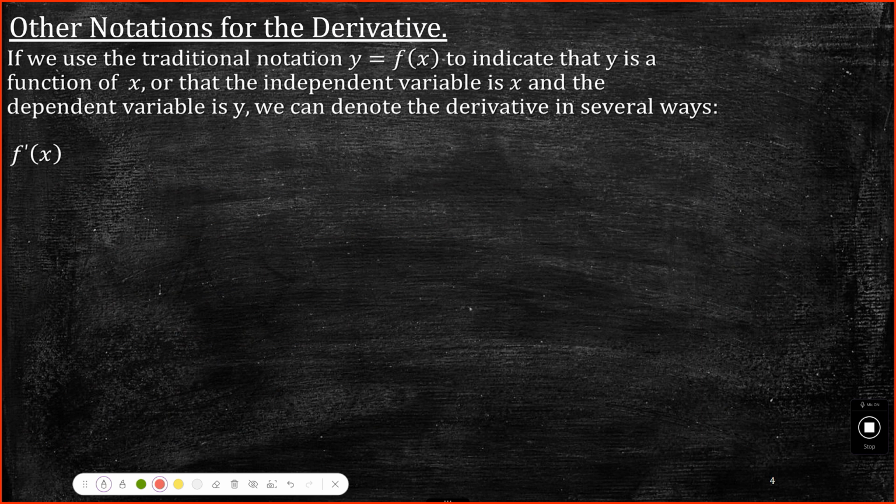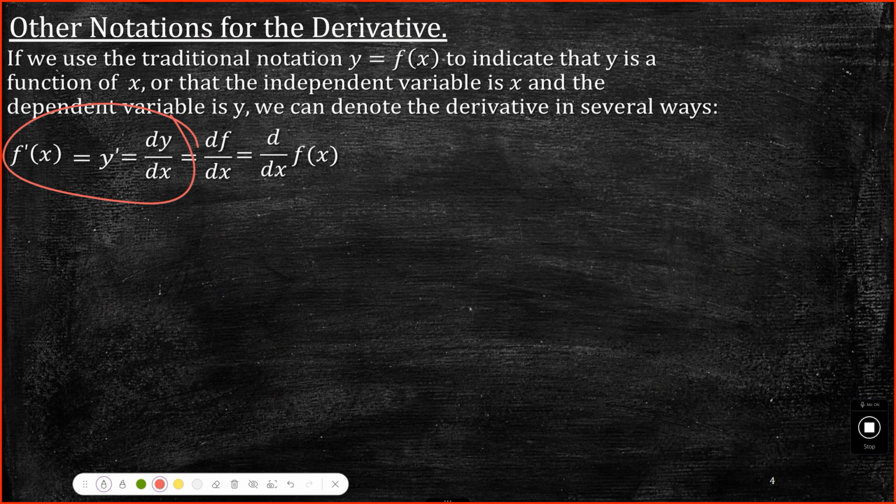F prime of x, that is the derivative. And that is also equivalent to saying y prime, the derivative. Dy dx is the derivative. This is called Leibniz notation. Basically, the ones you need to know are these three. The other ones, just be familiar with.